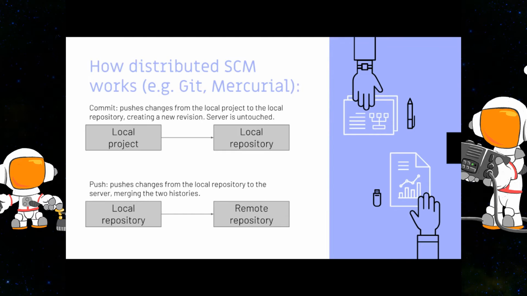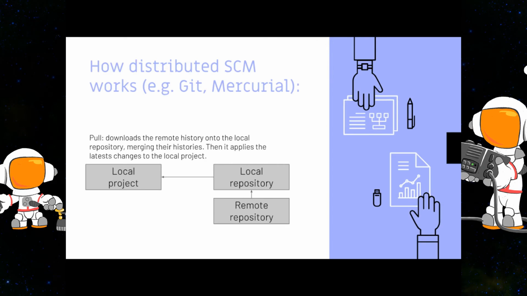So pushing is what ultimately causes your server to update. And that is when people can actually receive changes through the equivalent of an update command, which is pull. Pull downloads from the remote history into the local repository, merging those two histories.